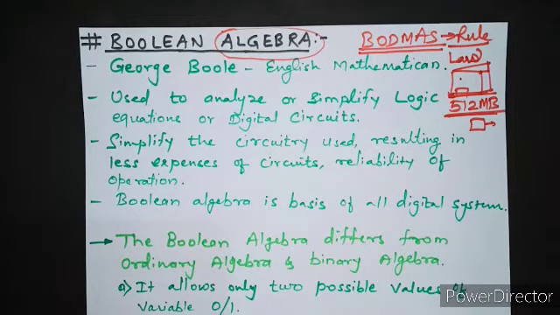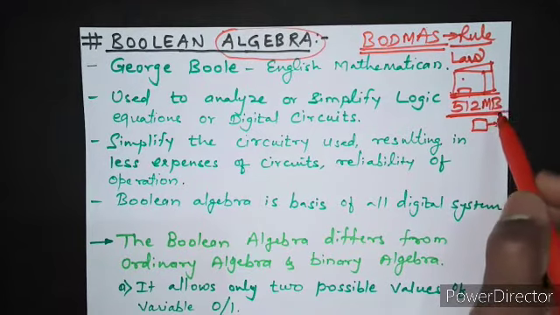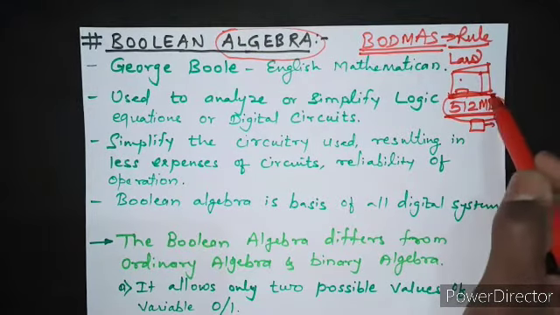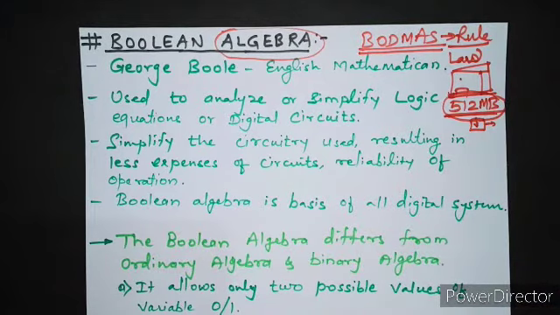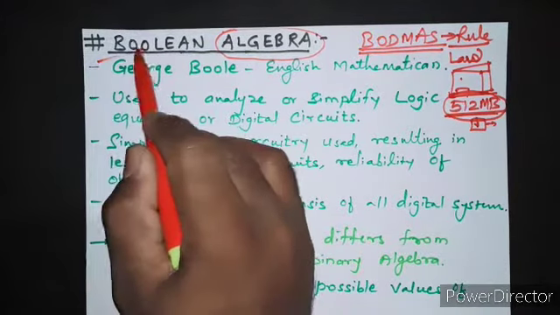So the circuit has been compacted from this to this, very compact. Now what is the reason behind it, or what is the logic behind it? That point takes us to the concept of Boolean algebra.